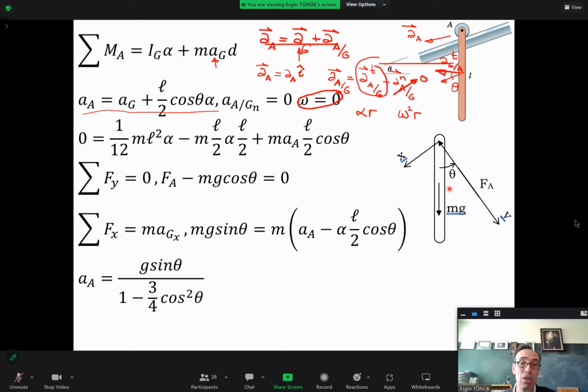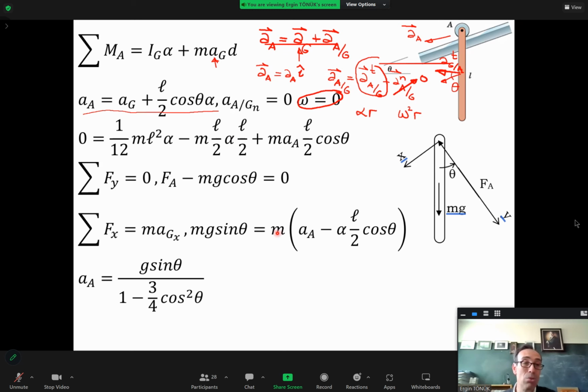Well, if you choose x and y like this, as you see, there is no motion in y direction. You can find FA, it's mg cosine theta, and then you can write sigma fx is equal to m ag, and we have the component of mg along x direction, which is mg sine theta, which is equal to m ag.